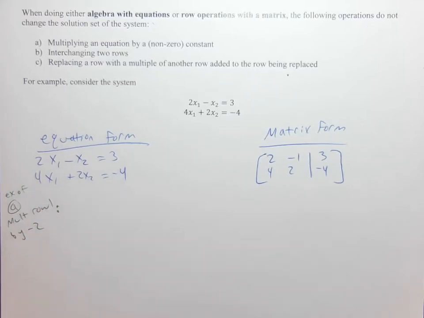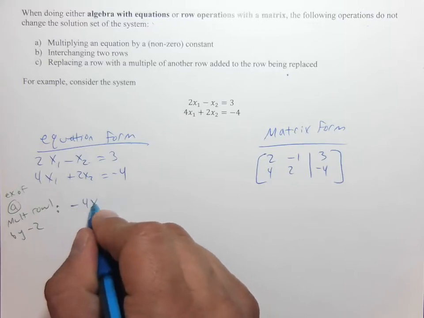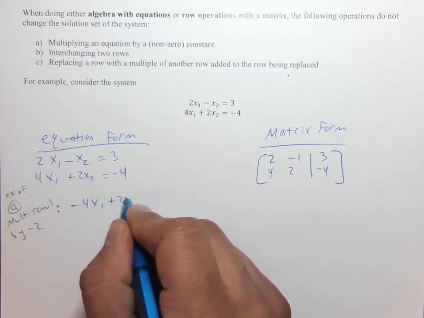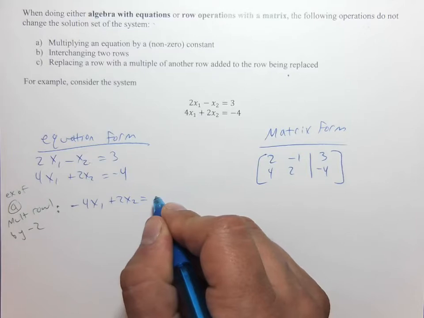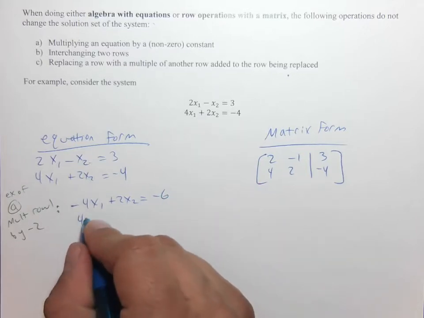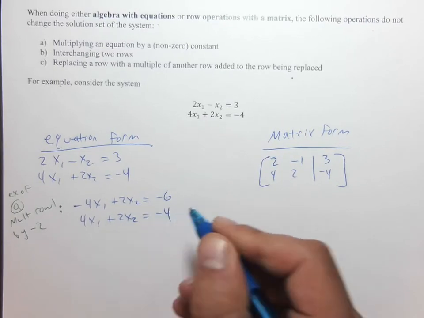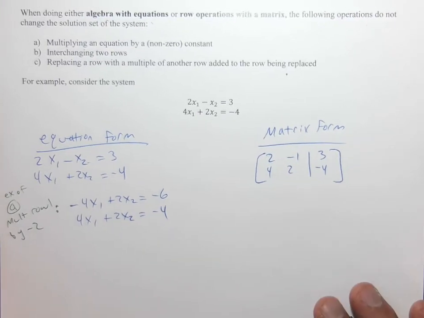And when we multiply row 1 by -2, we're going to be able to cancel stuff out. Right, so I'm going to multiply the first row by -2, and we get this. Now I didn't do anything to the second row, so I'm just going to rewrite the second row the exact same. And I'm going to do it in the matrix form as well. It's going to be the exact same thing, right?